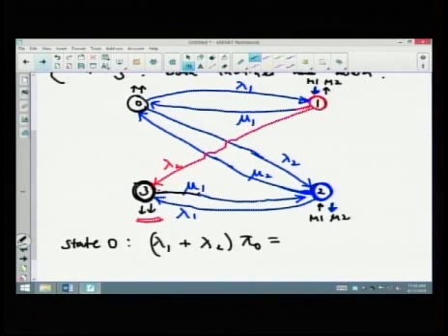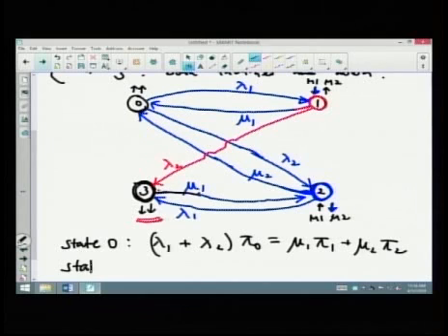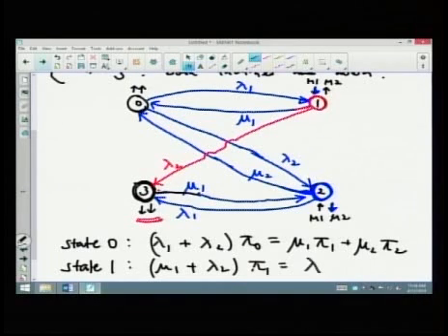And then transition rate into state 0. That's going to be mu1 from pi 1. And then mu2 from pi 2. Is that right? And for state 1, what do we have? Mu1 plus lambda 2 times pi 1 is equal to lambda 1 times pi 0. Is that right?